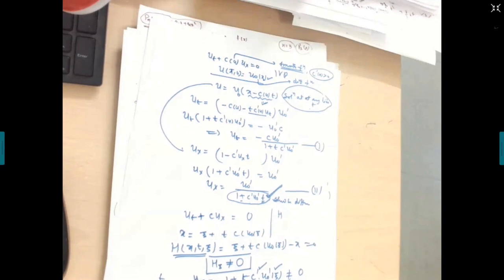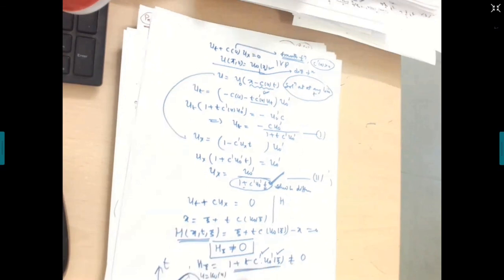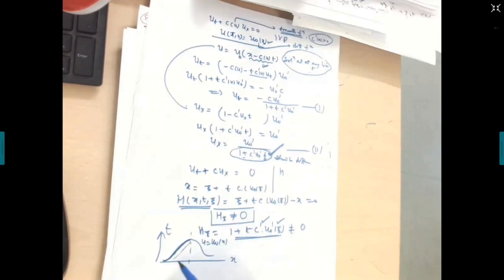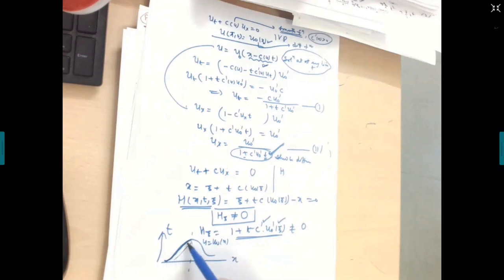So if your initial profile is monotonic increasing, it is always different from 0, so you have a perfectly continuous solution for all time. Not only that, a smooth solution.